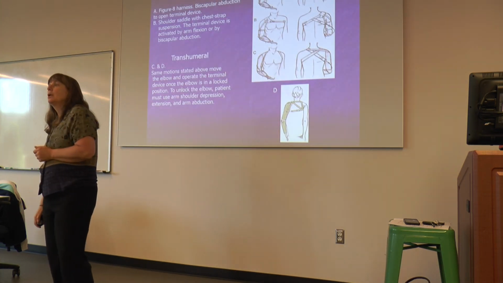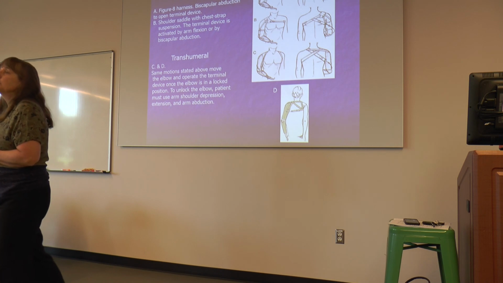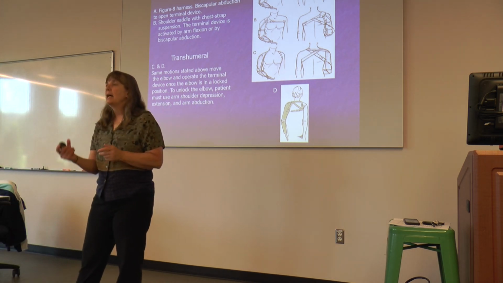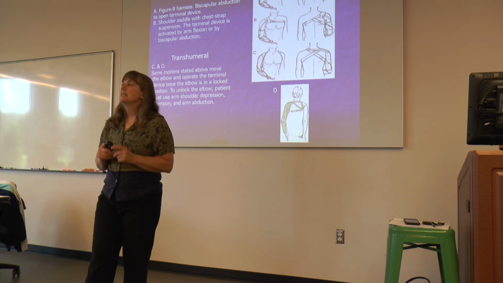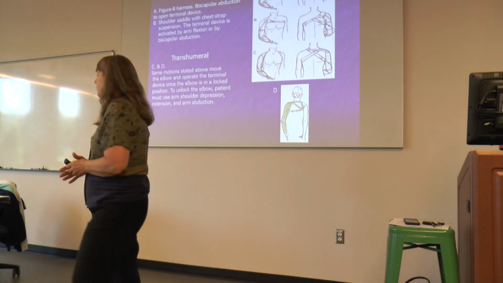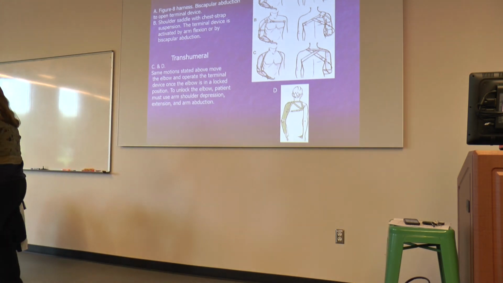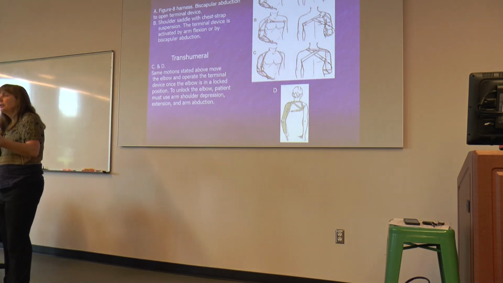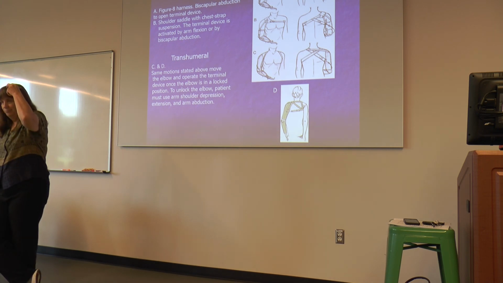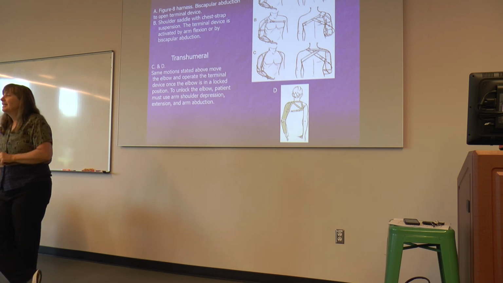We're not going to go into it a lot. Here are examples. I am not going to put on one of the tests how to put it on. I put this slide on because I find it helps you figure out how to help a patient put this on. If it was laying here with straps going every which way, you'd be surprised how many therapists ask, where does that strap go?